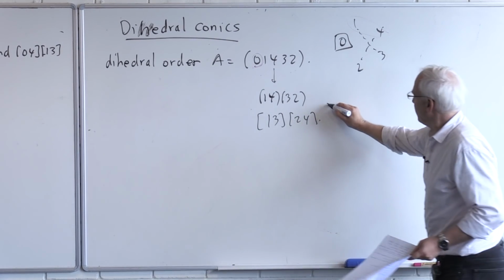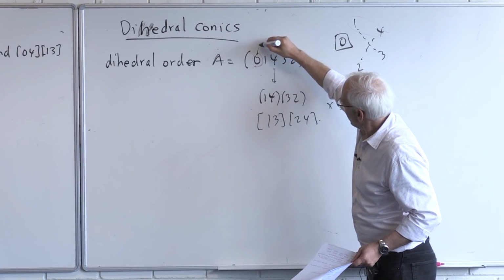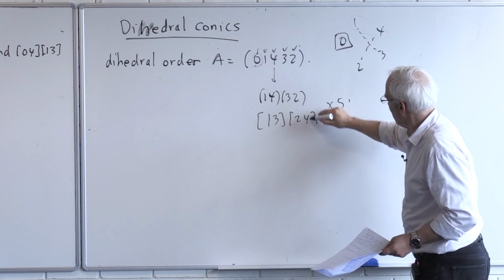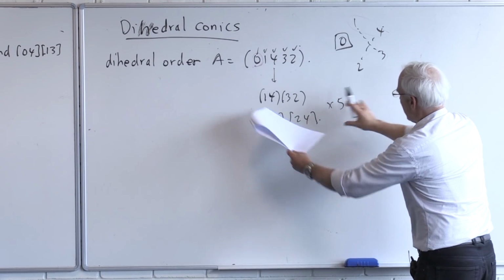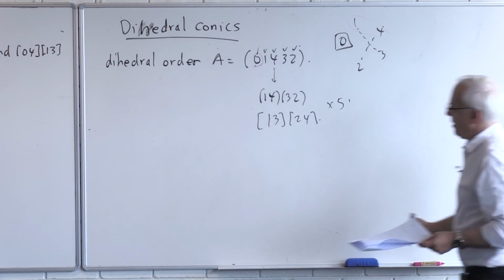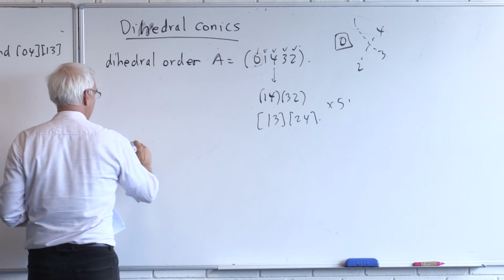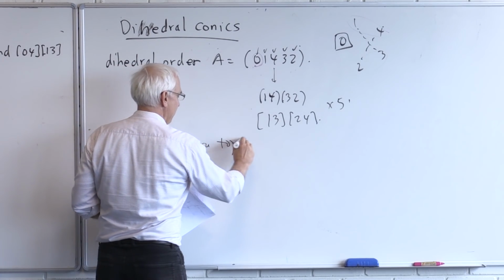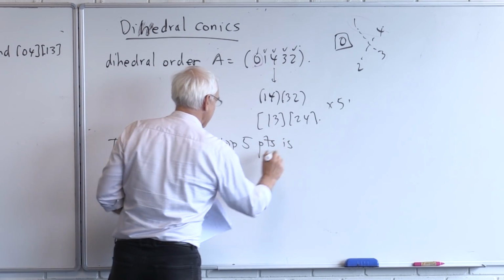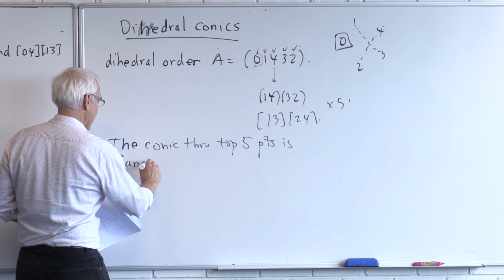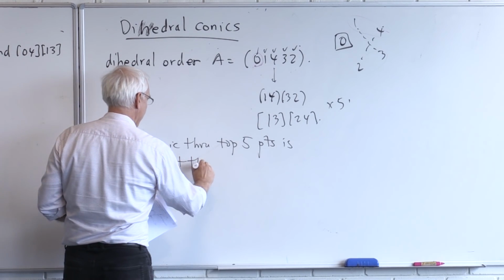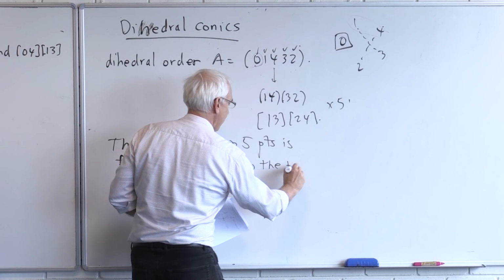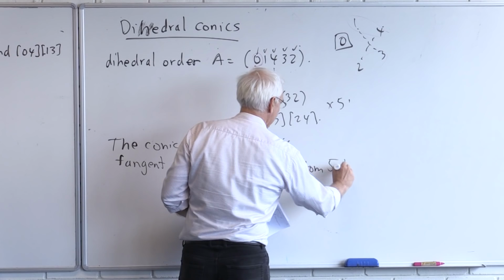So we can do that 5 times, 1 for each one of these entries. So we'll get 5 such blocks. And then the claim is that the conic through the top 5 points is tangent at those points to the bottom 5 lines.